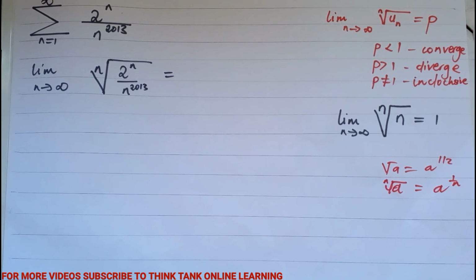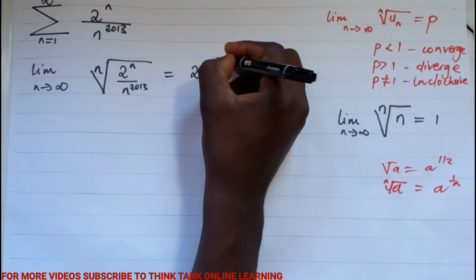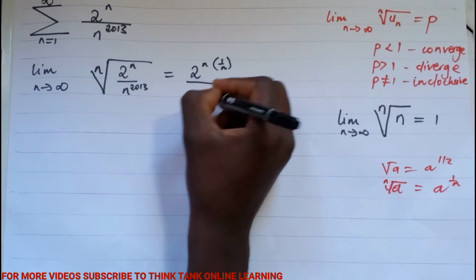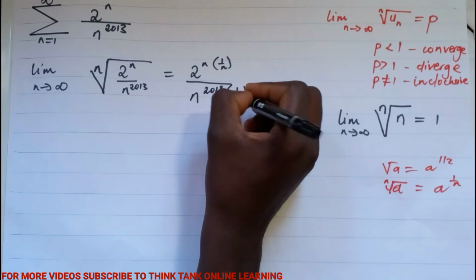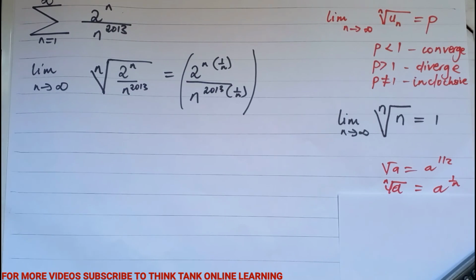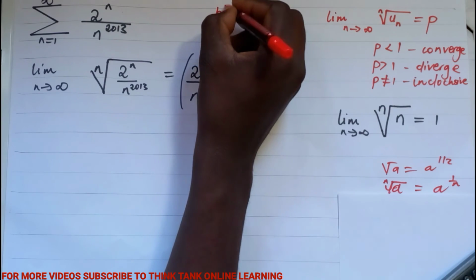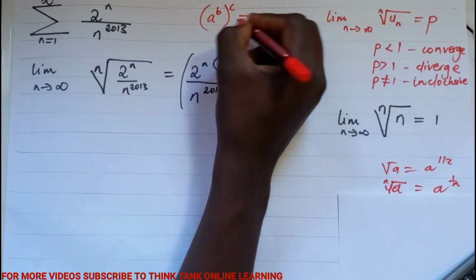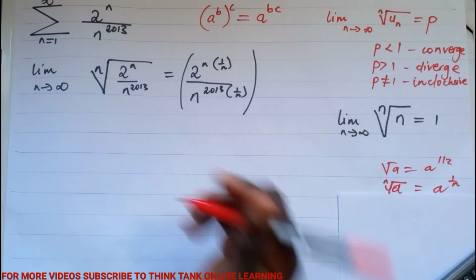So that means here we're going to say 2 to the power n times 1 over n over n to the power 2013 times 1 over n. And by the laws of indices, if we have a to the power b, and then to the power c, this is the same as saying a to the power b times c. So that is what we have done here.